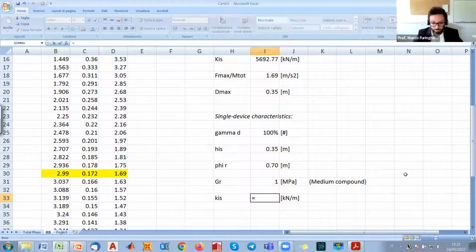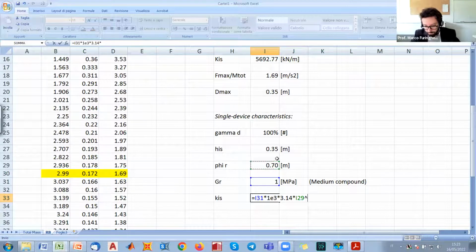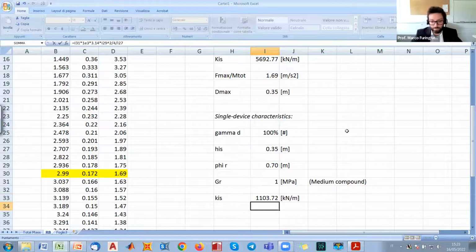So we have G, which is 1 times 10 to the third, times the area of the rubber, which is 3.14, which is pi, times the diameter squared over 4, divided by the height. In this way, we are computing a stiffness value in kilonewtons over meters.